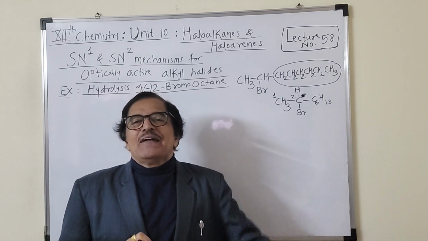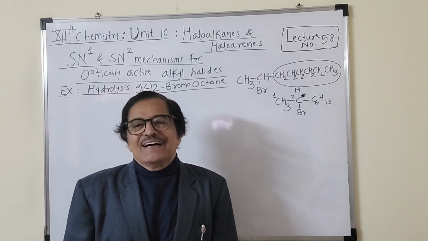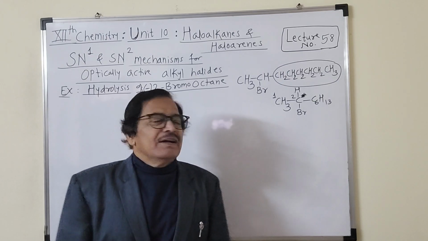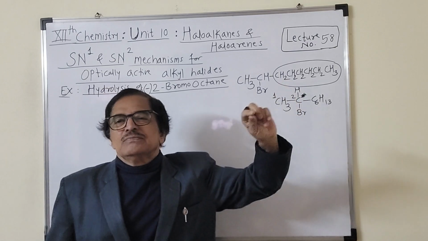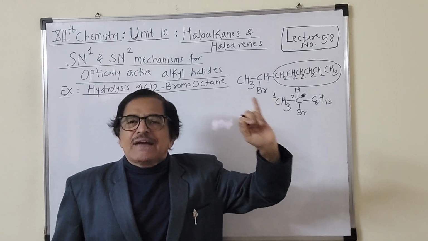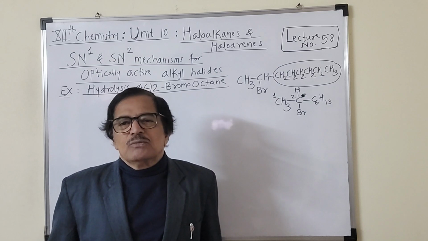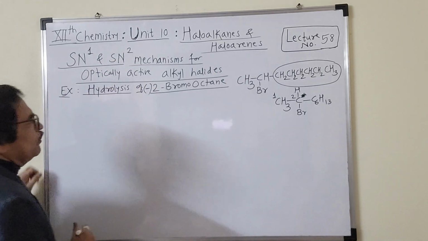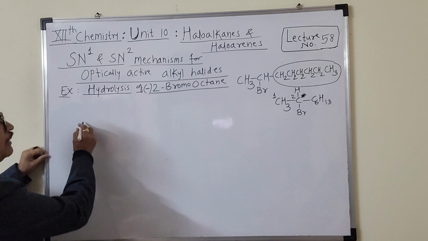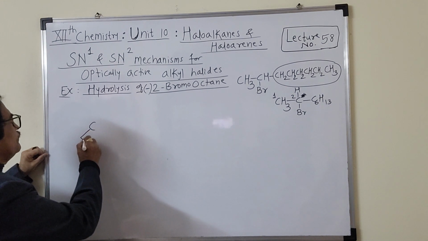So what will its mechanism be? If we do hydrolysis and OH comes in, what will happen? One bulky group is there, no doubt. This is a secondary bromide, a secondary alkyl halide, but it can follow the SN2 mechanism also. Now suppose it goes by the SN2 mechanism, what will happen? Can you tell me? Now I will write this carbon with this CH3.